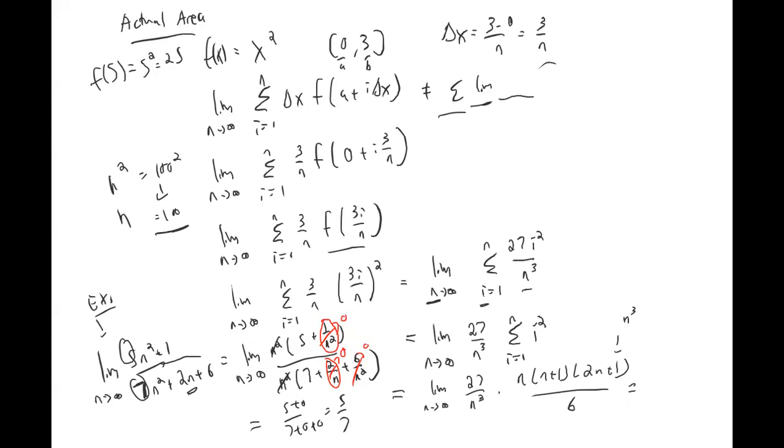Not 52. 27 times 2 is not 52, it should be 54, right? And then the bottom's easy, 6 n cubed, the coefficient is 6. So this is 9, and boom, that's your answer.